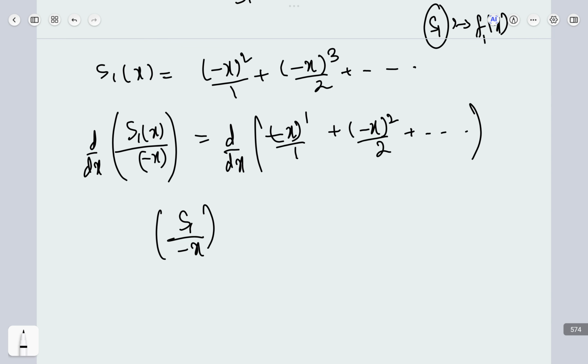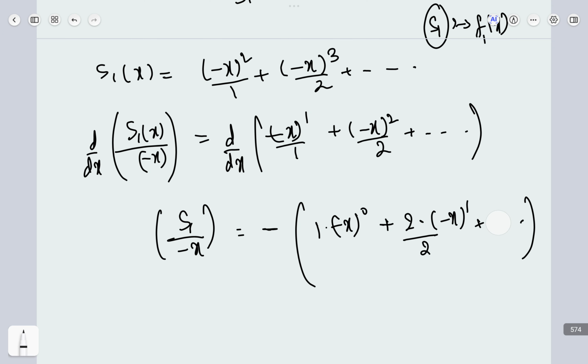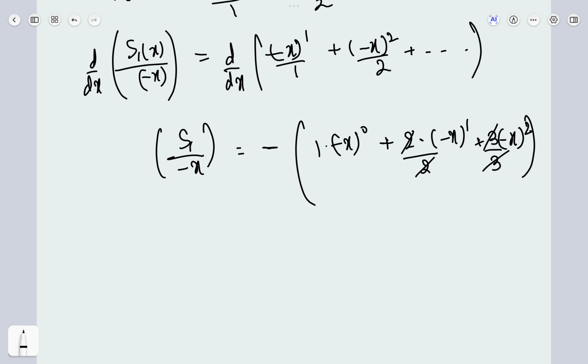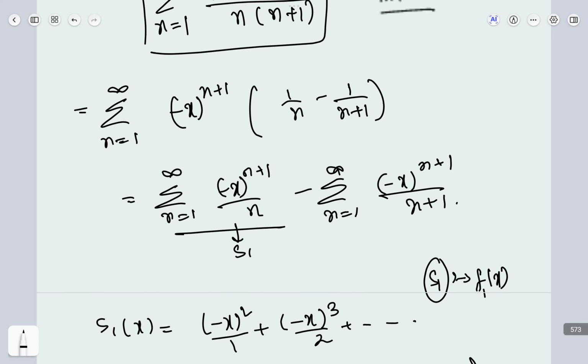So this should be minus x power 0 plus 2 times minus x power 1, and so on. Let's take another term, 3 times minus x power 2 by 3. So all of these cancel and I would be left with 1 minus x plus x squared minus x cube, and so on. So this is just the infinite GP with mod x less than 1, which is already given in the question.